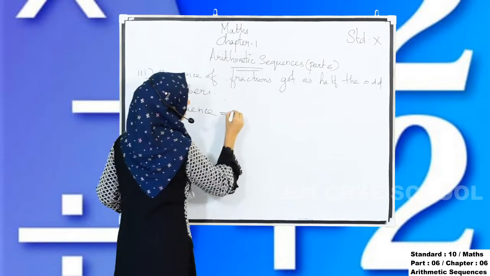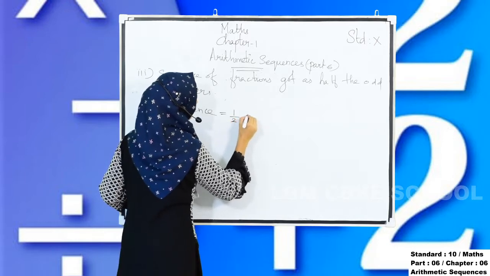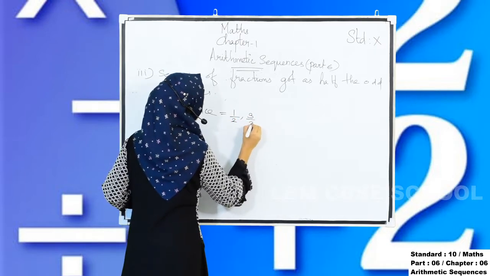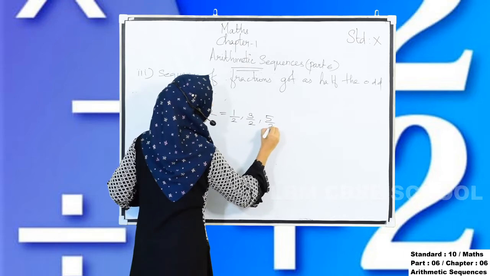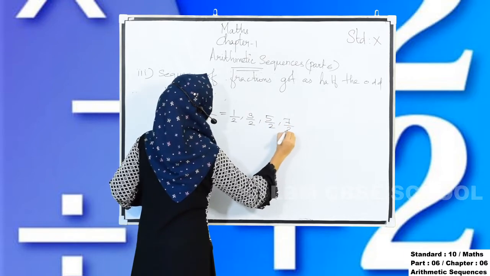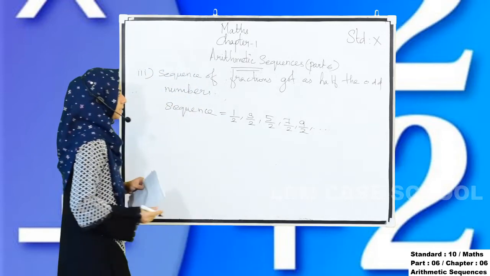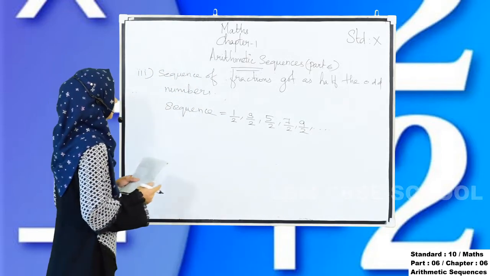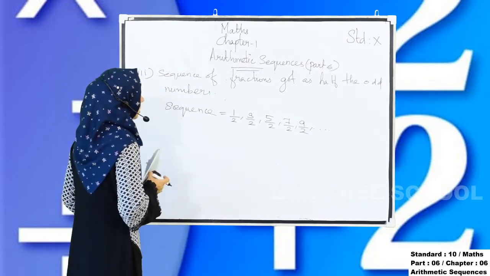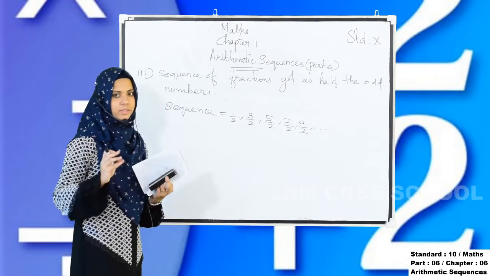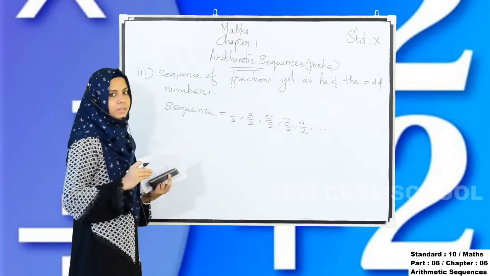The sequence is coming as 1/2, 3/2, 5/2, 7/2, 9/2, etc. Okay, then we have to check the difference in between these. Each term is same.